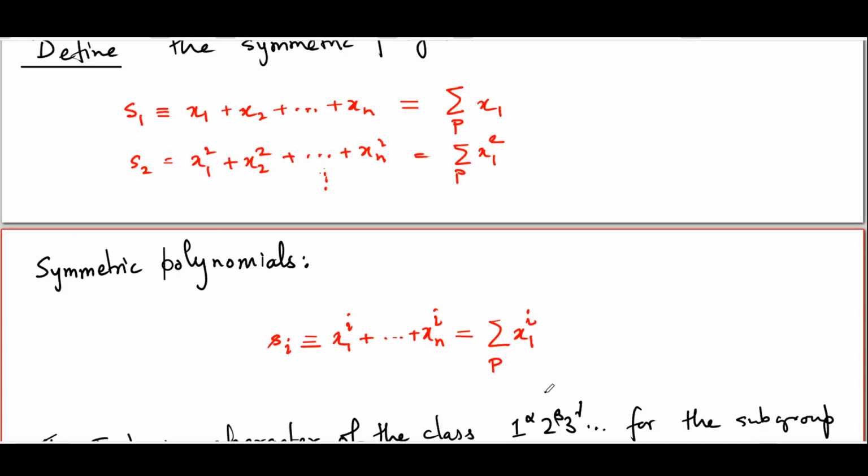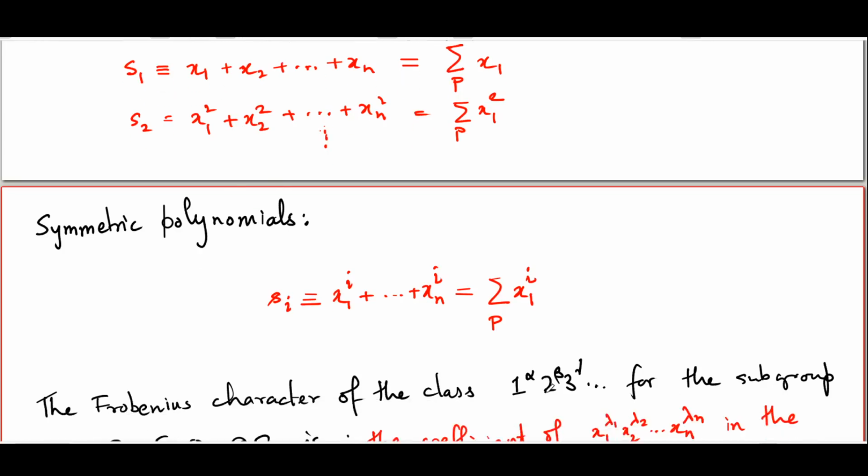We are only looking for distinct terms which come from permutations. So, essentially, x1, if it stays as x1, we don't count that once again. But a permutation which changes it to x2 will give rise to a term x2 to the power i, and you are going to add that. Similarly, another permutation, in fact quite a lot of them, will change x1 to x3. And that will give you x3 to the power i, but only once. Only the distinct terms. You don't count the number of times you get x3 out of x1.